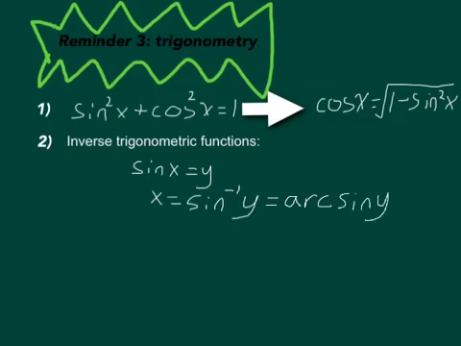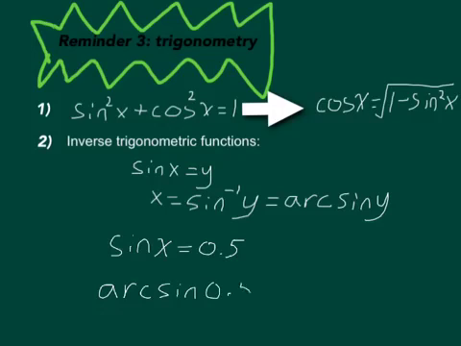of y. Okay, this just tells me if I want to know, for instance, which x's give me sine x of 0.5. To solve that, in my calculator I need to work out arc sine of 0.5.